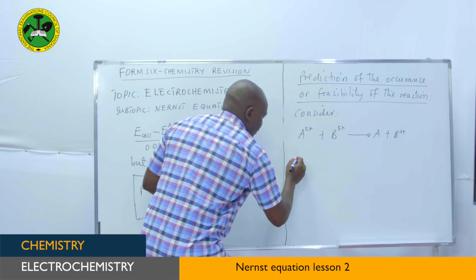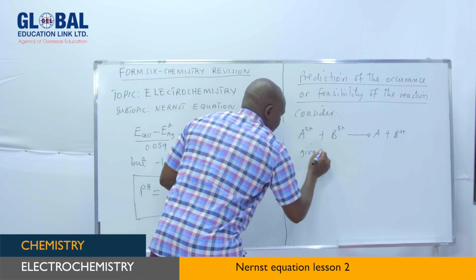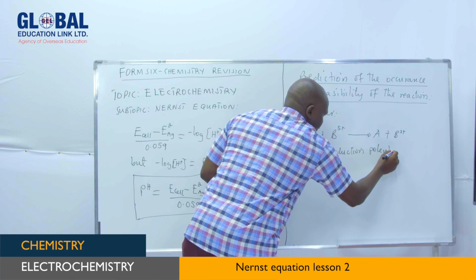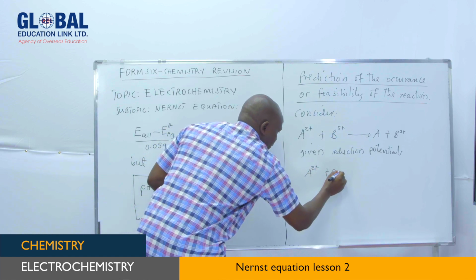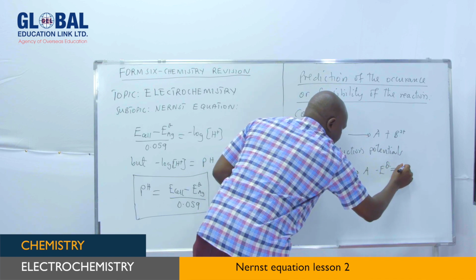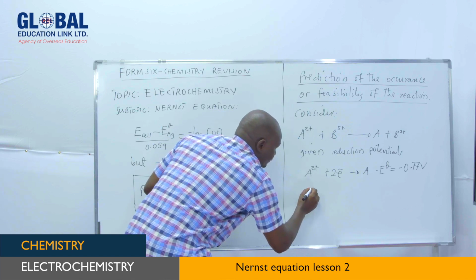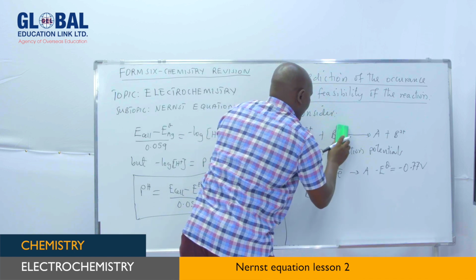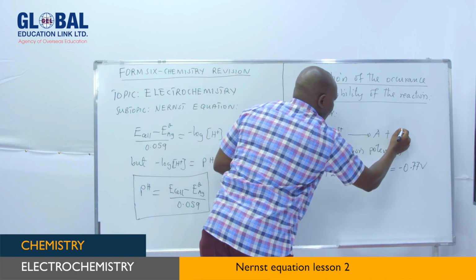For example, let's say you are given the standard electrode potential of A, the reduction potential of A, let's say it is negative 0.77 volts, and we have that of B. Let us change this, because it is a redox, so this will be 3 positive and there will be 5 positive.